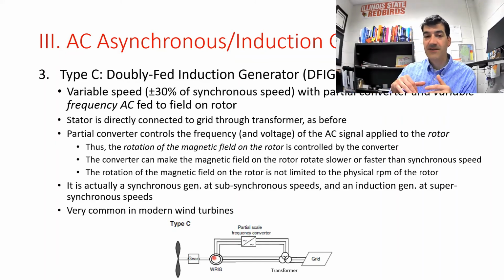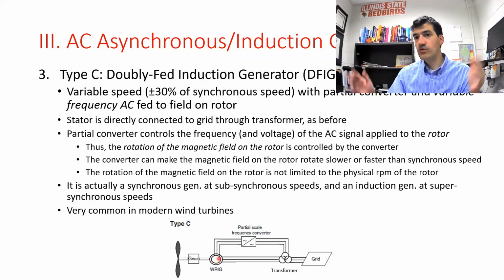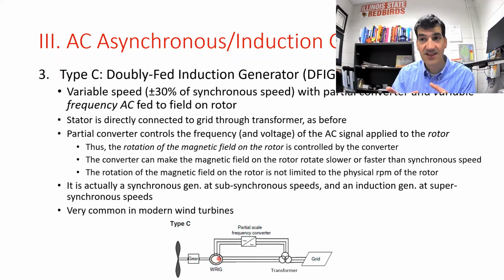If my rotor of my wind turbine is spinning at 1400 RPM mechanically, then I can apply an AC signal from the converter that makes the magnetic field of the rotor spin slower than 1400 RPM, more like the 1200 RPM that I need to rotate with my magnetic field on my stator.